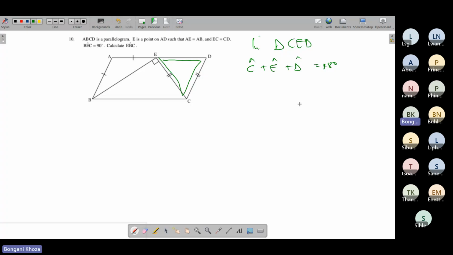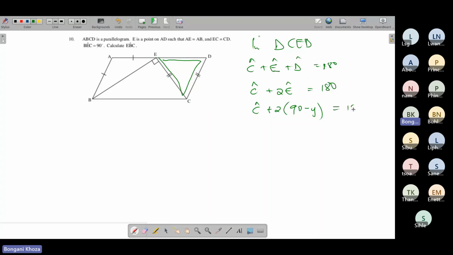Are we still together? Yes, sir. All right, our C is unknown, our E and D are the same. So we'll have angle C plus 2 times E equals 180. We said our E value was 90 minus Y, like this.